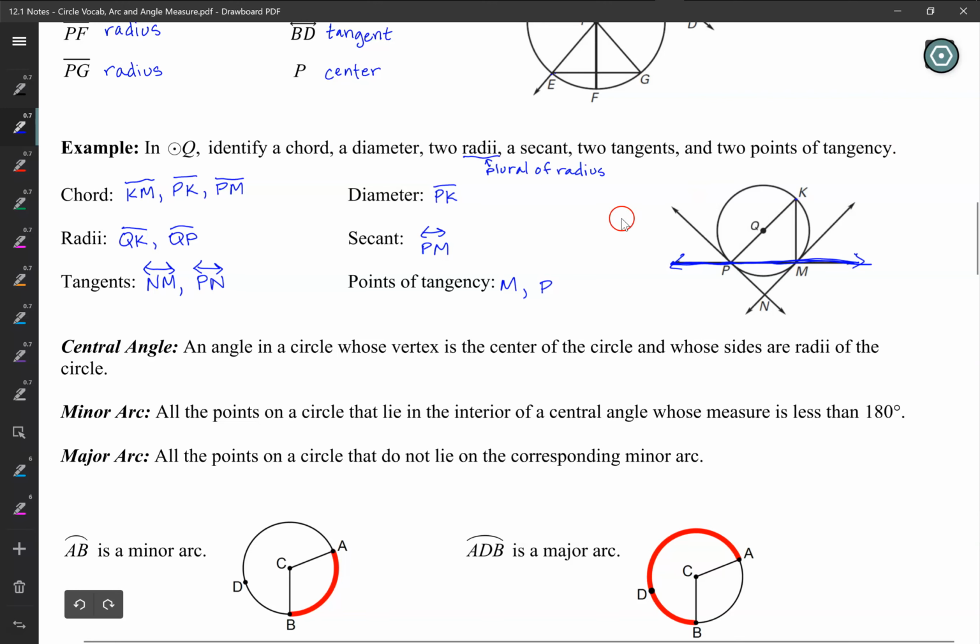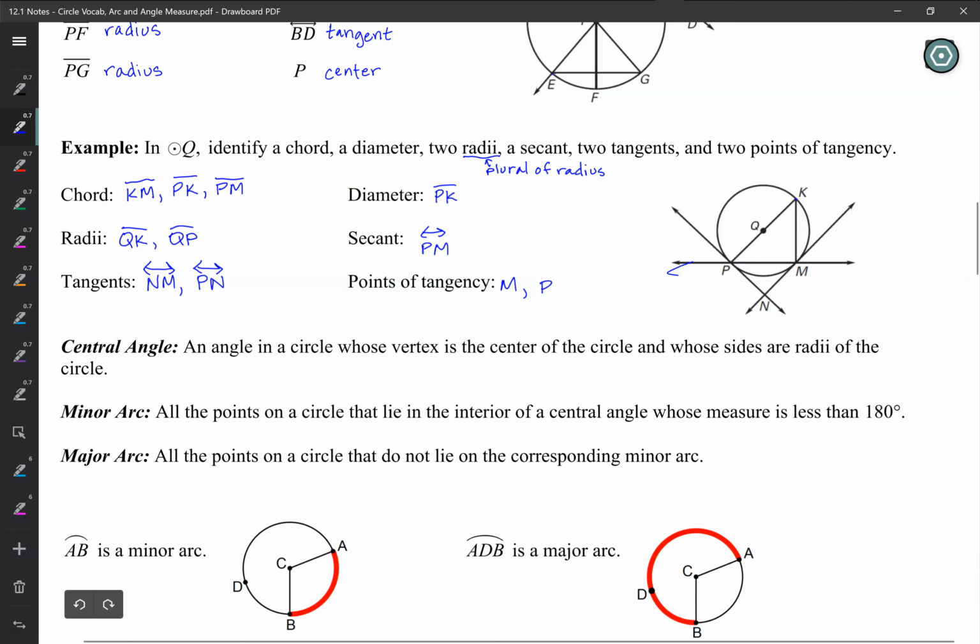So notice segment PM, just this part, is a chord. The whole thing is a secant. So chord right there, the whole thing is a secant.